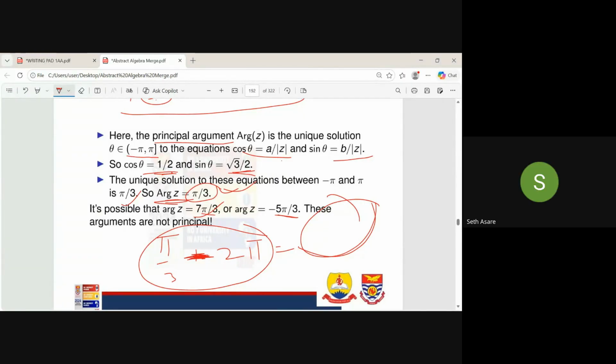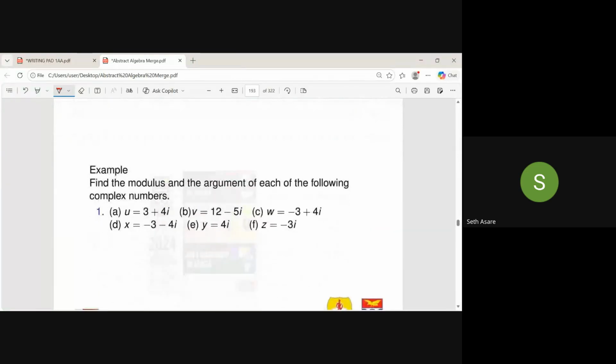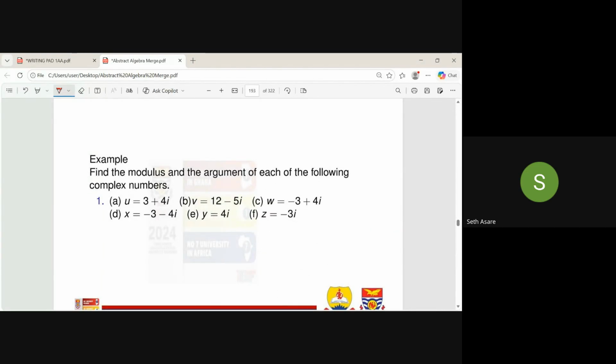Now find the modulus and the argument of each of the following complex numbers. So look at that. What do we have to do? First, we find the modulus.